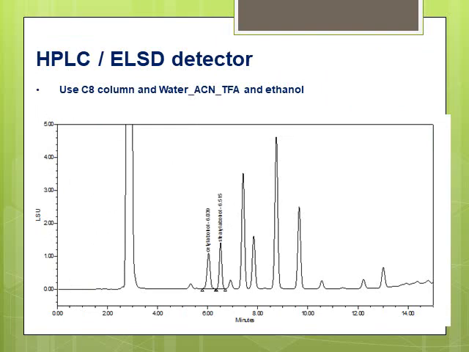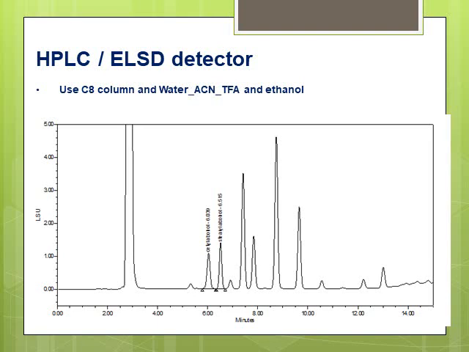Now with HPLC-ELSD you could do the same thing. The chromatogram we're looking at here is of a formulation that contains a lot of fatty material, surfactant, and cetostearyl alcohol. The two peaks at 6 minutes and 8 minutes are the peaks for the cetyl and the stearyl alcohol, and they are well separated.